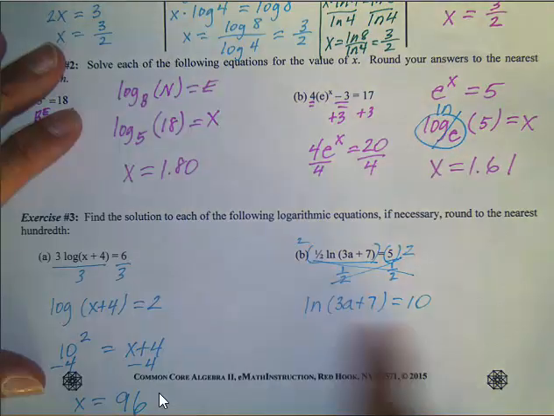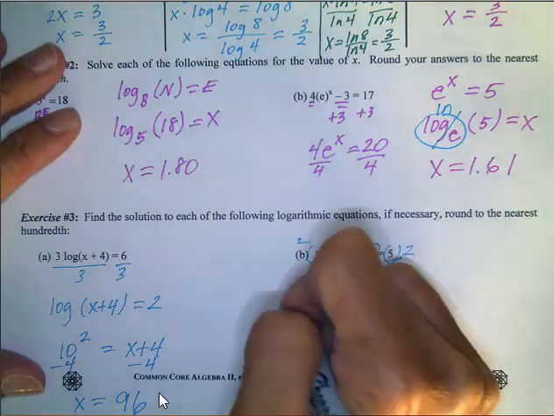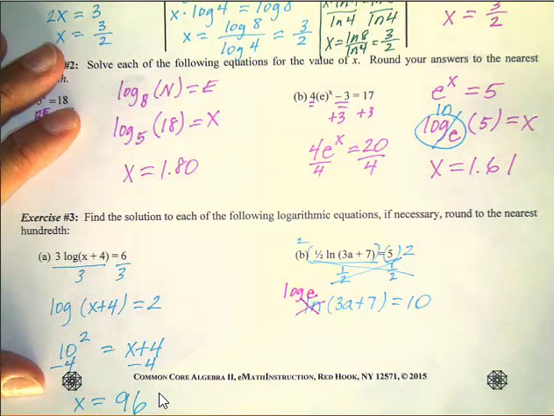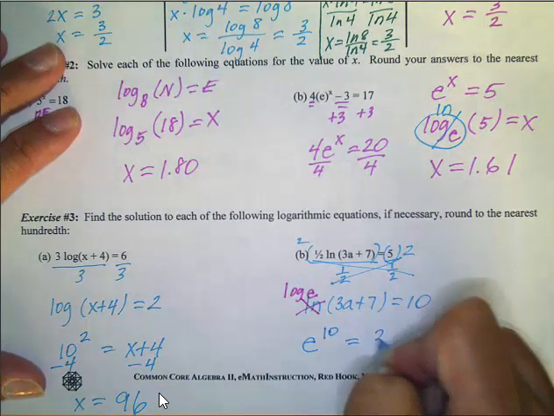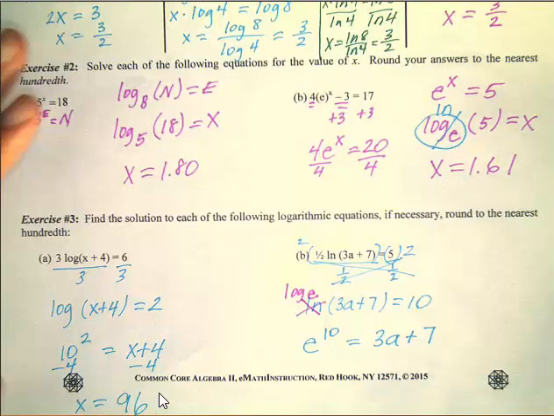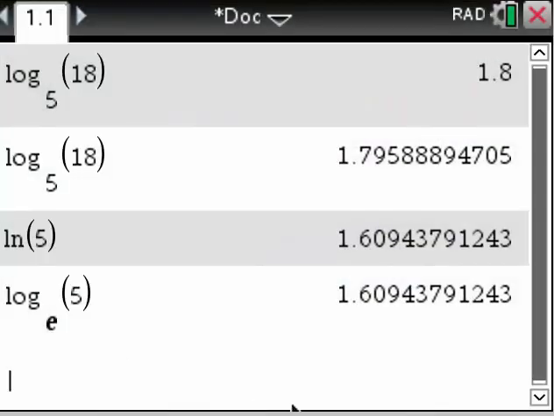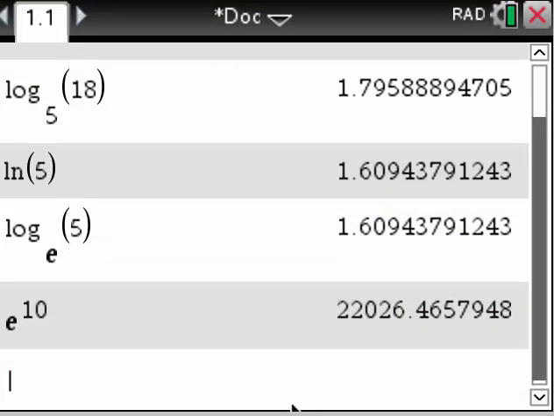Now, how do I write this in exponential form? Well, again, remember ln is the same as log base e. So I have e to the power 10 equals 3a plus 7. Now, e to the 10 is going to be irrational. So e to the 10 is 22,026 point blah, blah, blah.